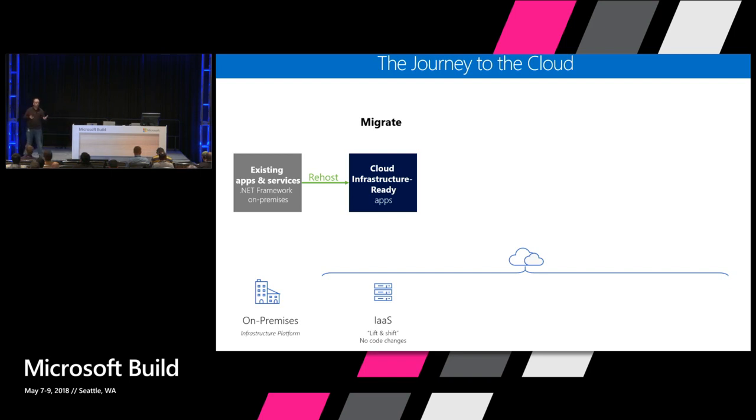That is the term also used by Gartner or by us or by Amazon. Lift and shift is just putting the same in the cloud using VMs, and you're not touching anything about the code at all. Maybe you will need to change a few things in the infrastructure, but not in the application itself.